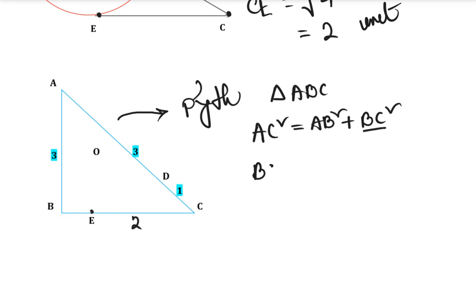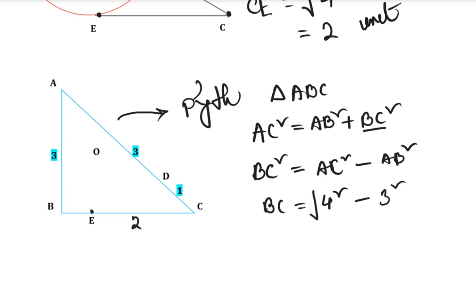So BC square is equal to AC square minus AB square. Let's plug in the value of AC, which is of course 4 square, minus AB, which is 3 square. So BC is equal to the square root of 4 square minus 3 square.